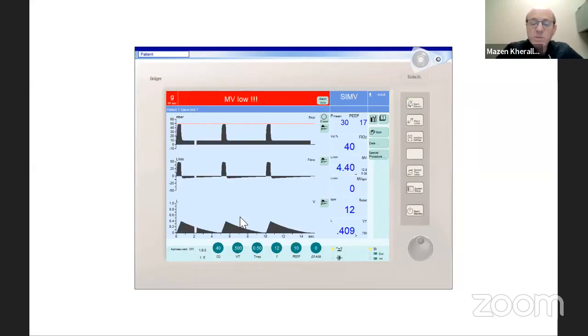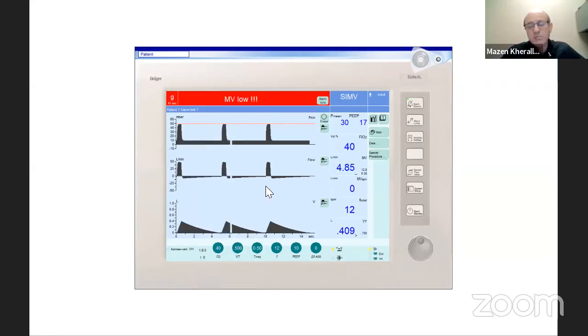Now, if you maximize the inspiratory delivery of the air, if you deliver the air very fast, and the dynamic hyperinflation is not resolved yet, then the next thing you can do is either decrease the tidal volume or decrease the rate.